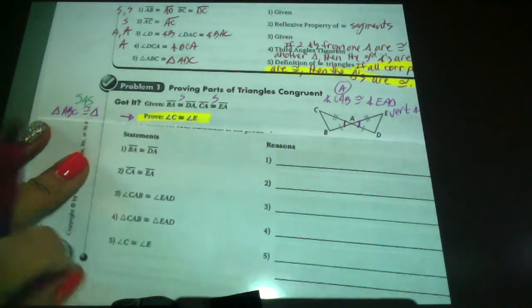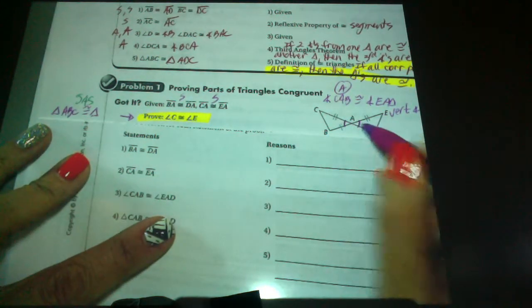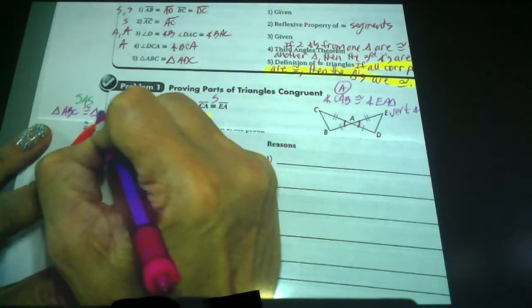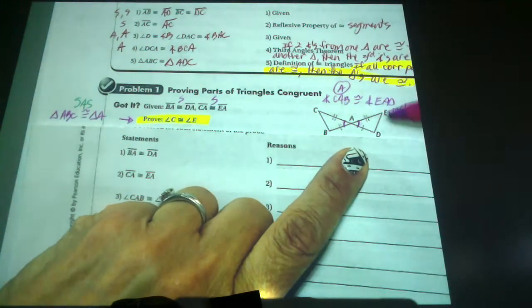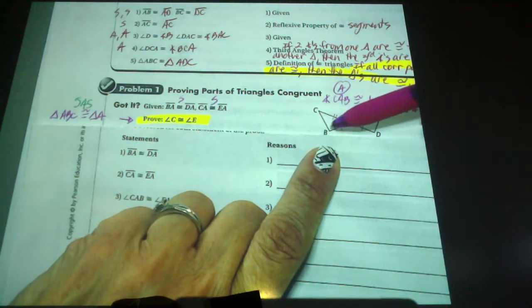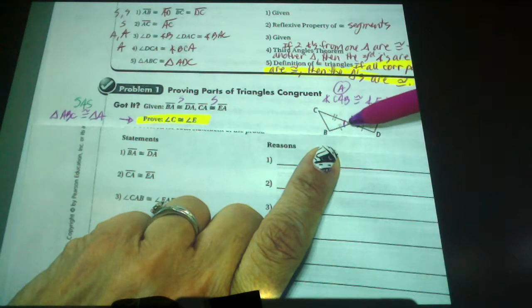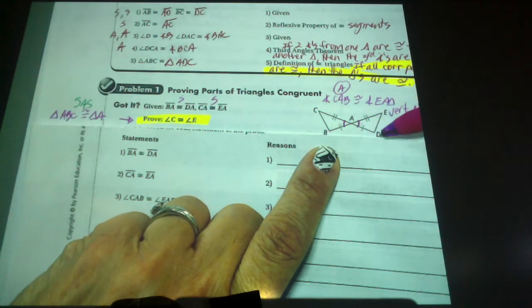So now that I have one of my angles, doesn't angle A correspond to angle A on the other triangle? So if I start off with A, I'm going to start off with A there. Then angle B was the one that came next. Angle B and angle A have that single tick mark side in between them, but doesn't angle A and angle D have that single tick mark side in between them?